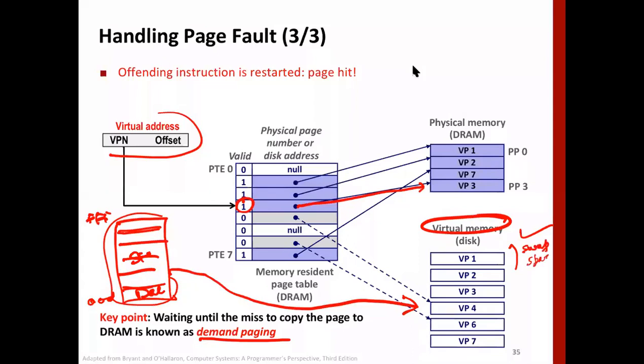Now it's a different thing whether VP1 here is an exact replica of VP1 here. It totally depends on policies. Maybe at the time of eviction, this must be copied here, and so on. And swap space has meaning only as long as the process is active, otherwise it's removed from the disk, or when the process gets killed, then it's removed.